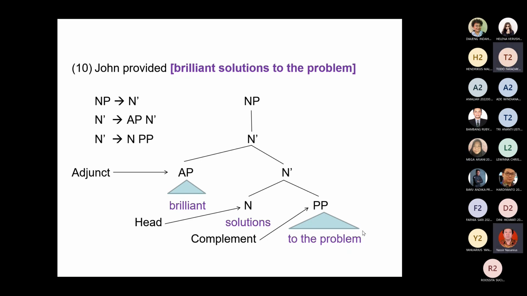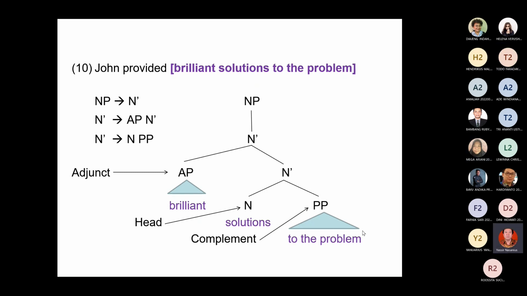Again, how do I know brilliant is an adjunct? Everybody, if you read this tree, why is it clear to you that brilliant, the AP, is an adjunct? Because it's the sister of N bar and the daughter of N bar. Good.